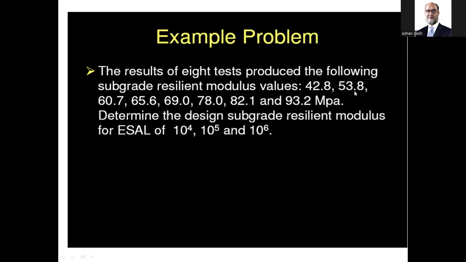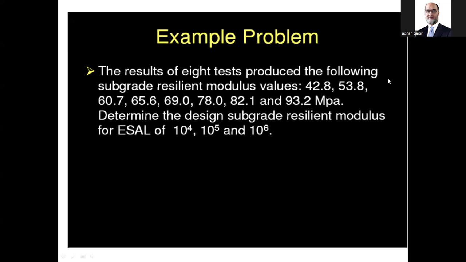First you arrange the values in ascending order. This is a standard procedure. For 42.8, we draw one column and say there are actually 8 values equal to 42.8 or more.